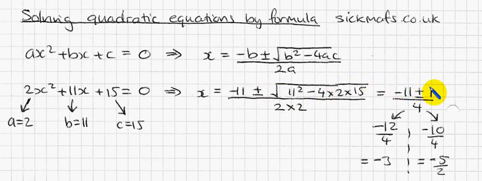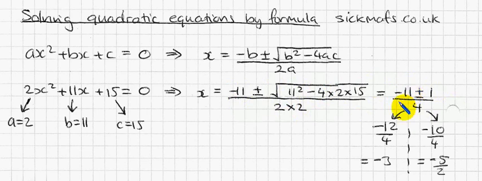Whenever you square root a number, you always get equal and opposite answers. So if I had to square root 9, I'd get plus or minus 3. So the square root of 1 is obviously 1, and minus 1, because 1 times 1 is 1. Anyway, I get this, because 2 times 2 is 4, and that minus 11 goes there as well as the plus or minus 1, which goes here.